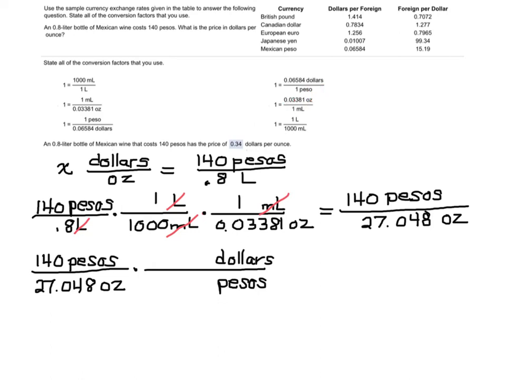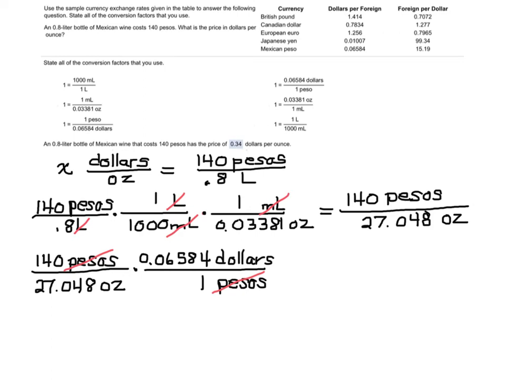So if I put those values in, the numerator is 0.06584 and 1 peso in the denominator. And my pesos go away.